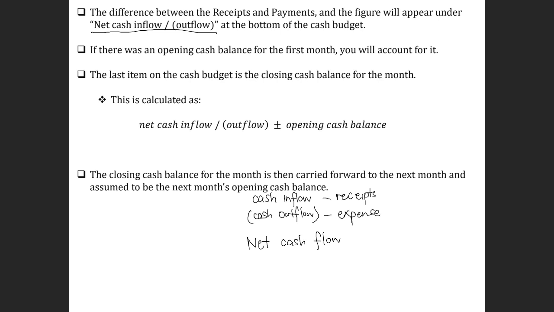And this would give you your net cash flow. You would then take your net cash flow and you are going to add or subtract, if it's a negative, your opening cash balance. This would then give you your closing balance for the particular month.